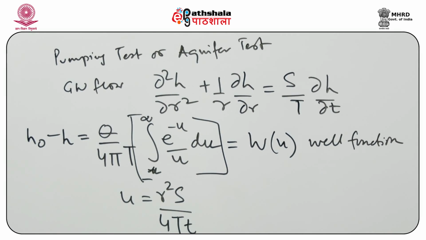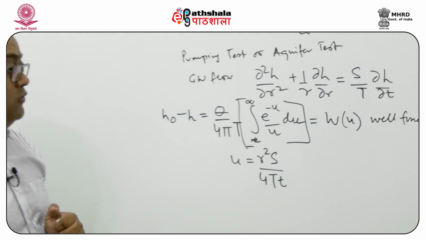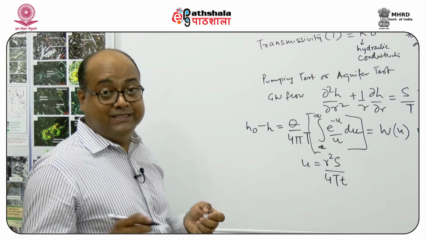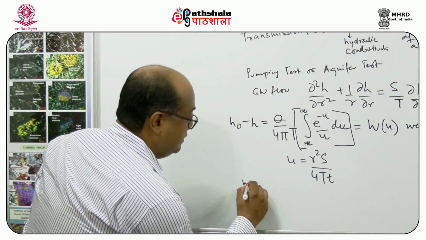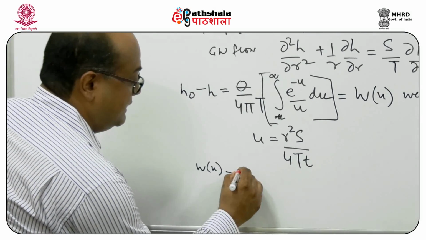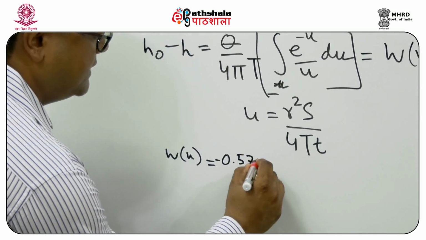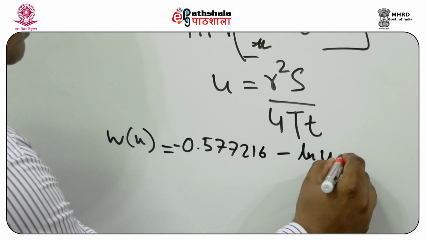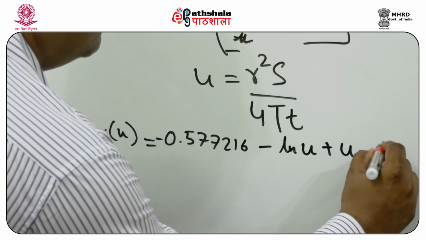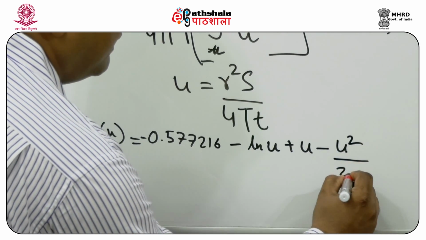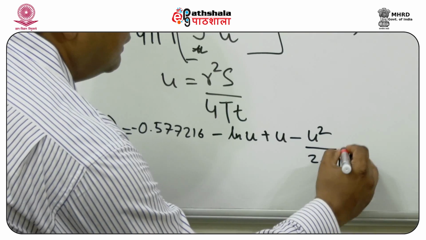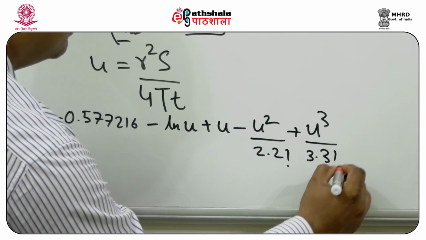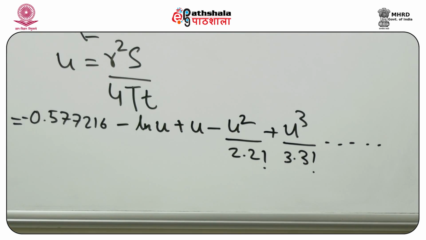The well function W(u) can be split out as an infinite series. W(u) goes like this: minus 0.577216 minus natural log of u plus u minus u squared by 2.2 factorial plus u cubed by 3.3 factorial, and so on. So it is an infinite series.